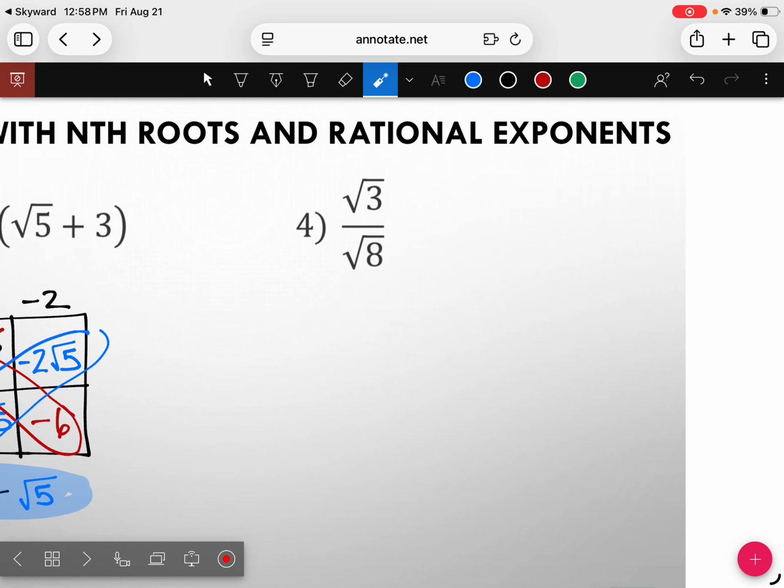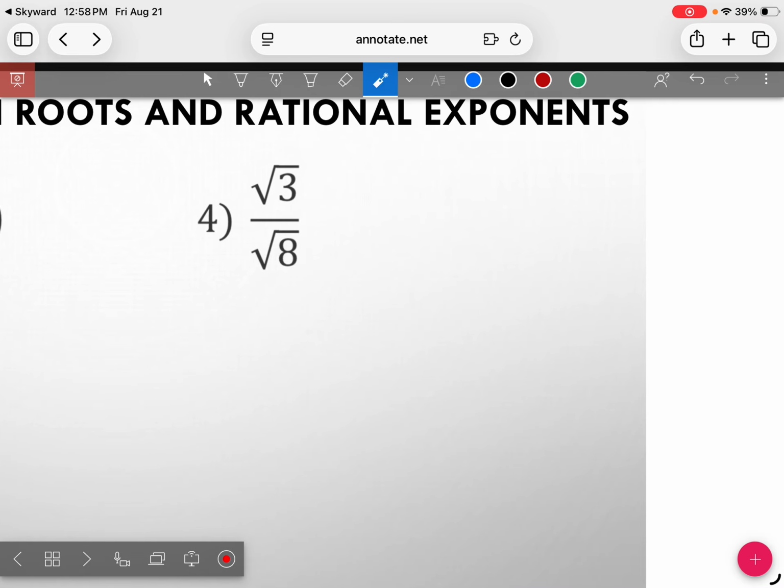So let me go back and list my square roots again. So I'm going to work this 2 different ways. So we know that 2 squared is 4, 3 squared is 9, 4 squared is 16, and so on. That's really all I'm trying to get to. Okay, this is the easiest way.